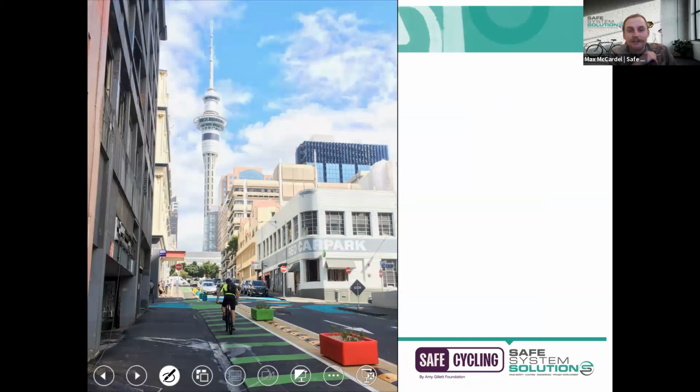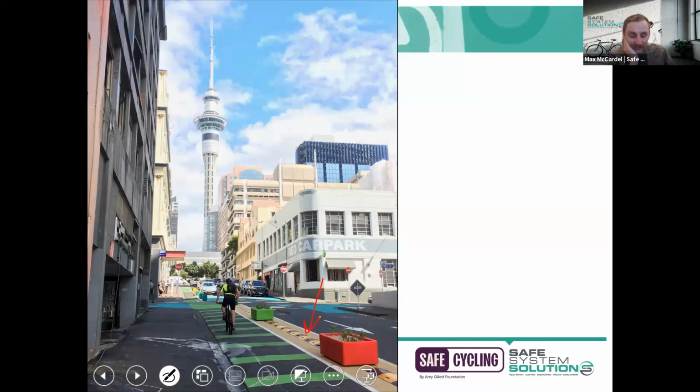Here's just another example of planter boxes, and also these speed humps, I guess you could call them, being used to demarcate the protected bicycle lane. Any idea where this photo is taken? Does anyone recognize that big tower? It is in Auckland. Well done.